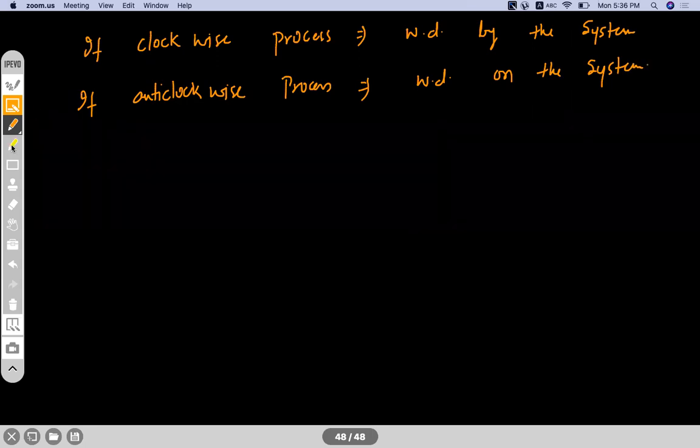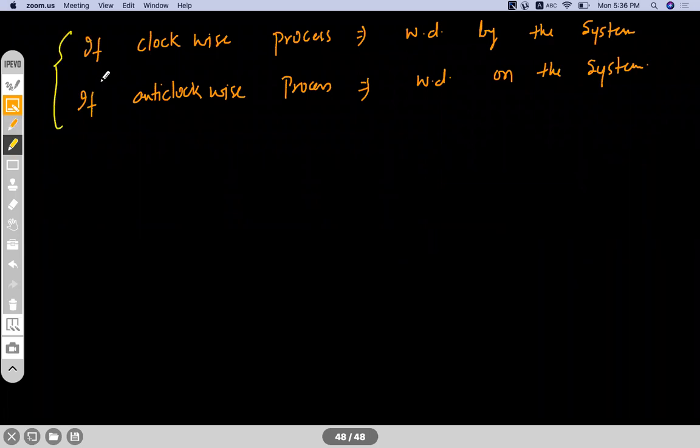These two things you have to keep in mind. Whenever you have a PV graph, find out the area. If it is clockwise, put a negative sign. If it is anti-clockwise, put a positive sign over there, and that is it.